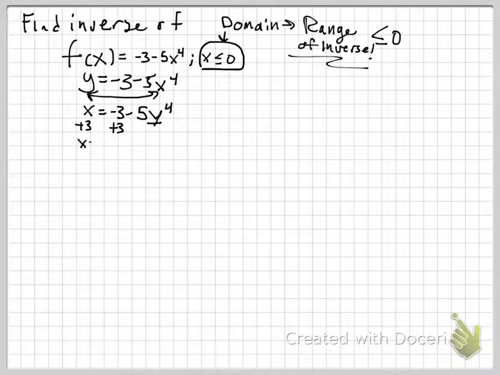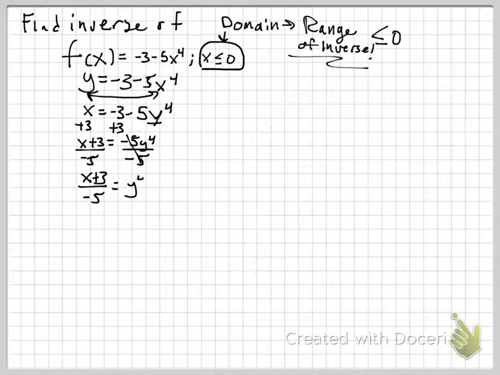So now I have x plus 3 on the left equals negative 5y to the fourth power. Now what I'm going to do is divide both sides by a negative 5. And then I have x plus 3 all over negative 5 equals y to the fourth.